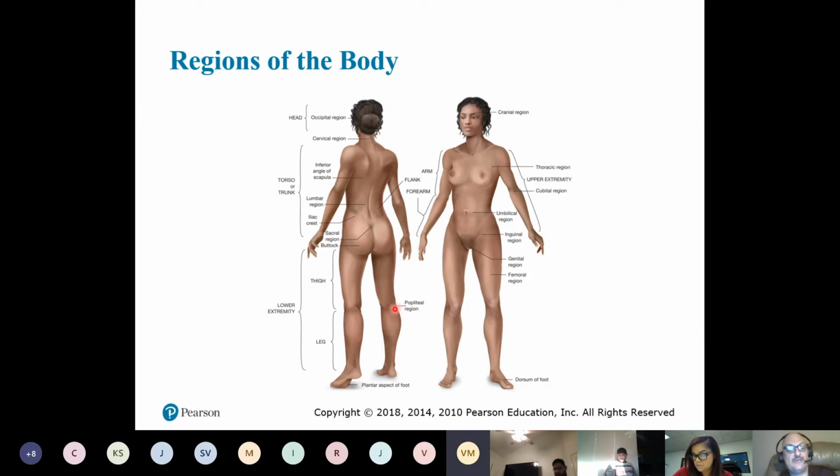Popliteal, because you have the popliteal artery back in here. Posterior tibial is an area that also has a pulse. You'll find it right in here, behind the tibia, between the bone and the Achilles tendon.